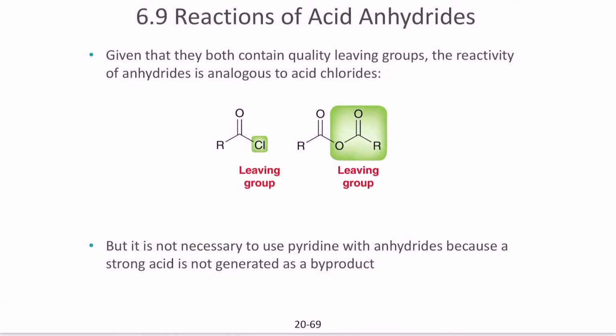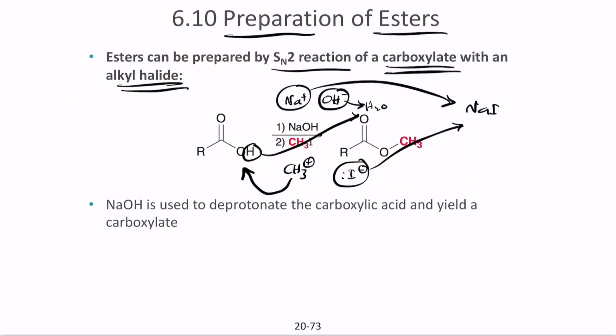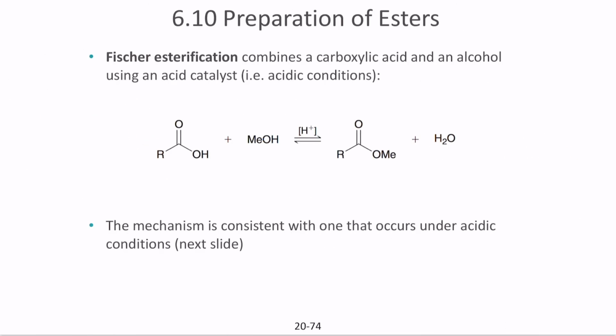So what are the reactions of acetic anhydride? The NaOH here is used to deprotonate the carboxylic acid to yield the carboxylate ion. When we use alcohol, one of the common processes of creating esters is what we call esterification, the process of creating an ester. One of the processes is Fischer esterification, where we use a carboxylic acid and an alcohol with an acid catalyst under acidic medium.